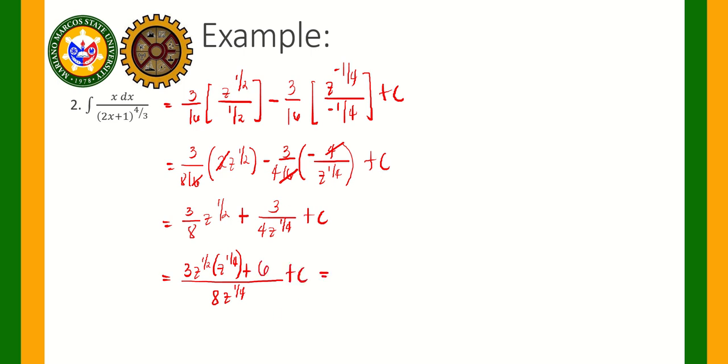Then, simplifying further, since same base sila, pwede nating i-add na lang yung exponent. So, 1/2 plus 1/4, that is equal to 3/4. This is equal to 3z raised to 3/4 plus 6 all over 8z raised to 1 over 4 plus c.